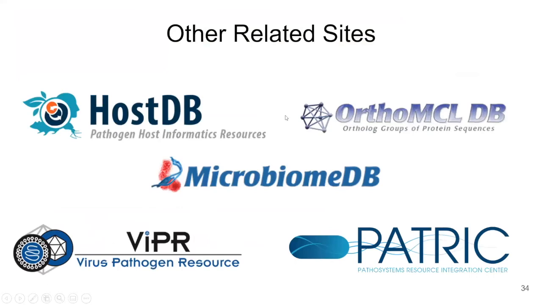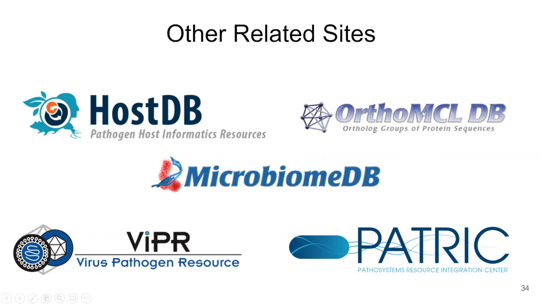Other related sites. So in addition to VectorBase, you can also use HostDB, where, for example, if you're working with, let's say, Plasmodium, so some monkeys infected with malaria, and you want to know different stages of the disease, what are the genes that are turned on and off, those kind of data, you will find them here in HostDB.